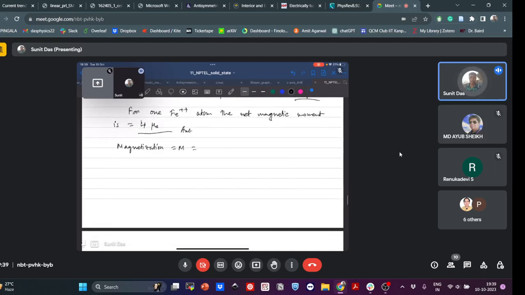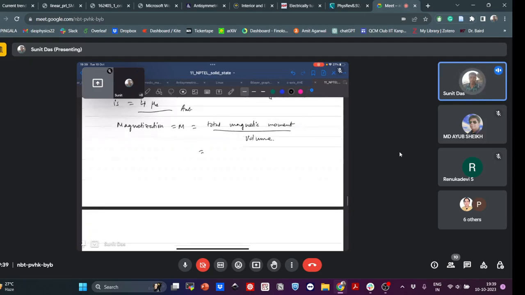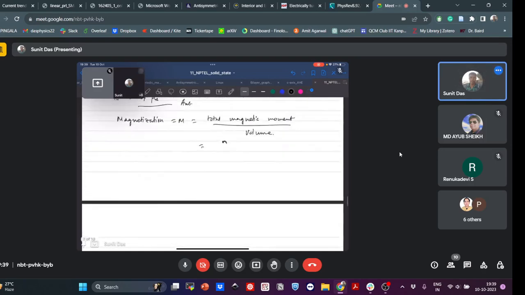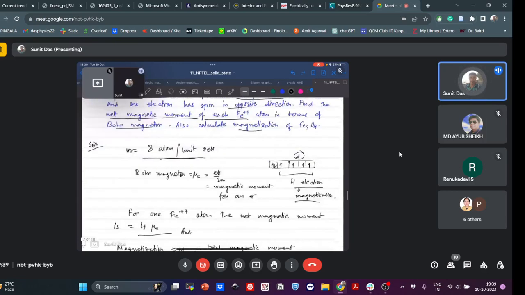So the magnetization is total magnetic moment per unit volume. So total magnetic moment will be n, the number of atoms, which is 8, and each atom has 4 Bohr magneton, and then volume is a cube, given a is 0.8 nanometer.